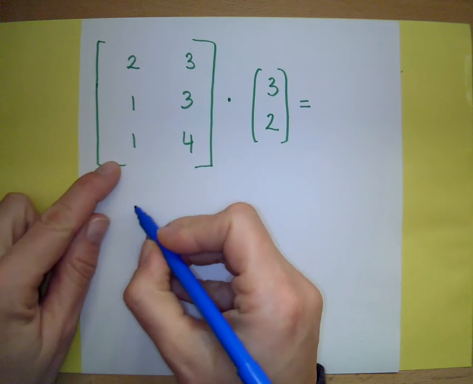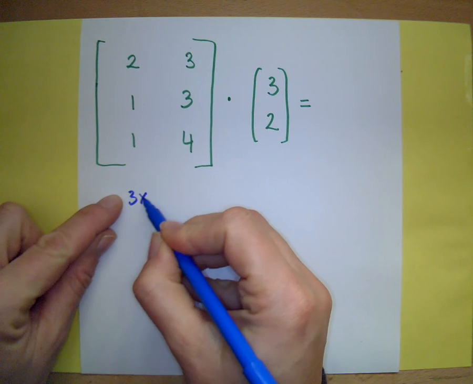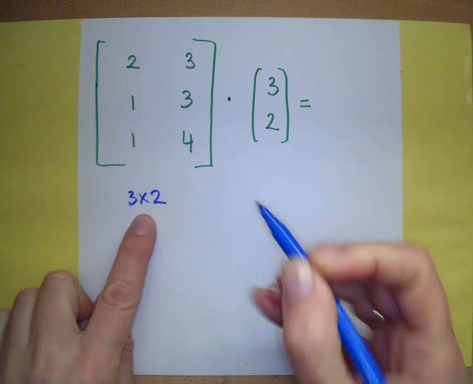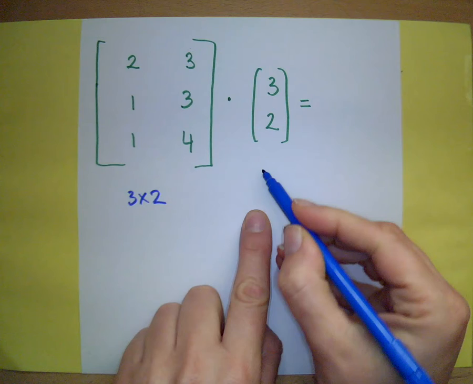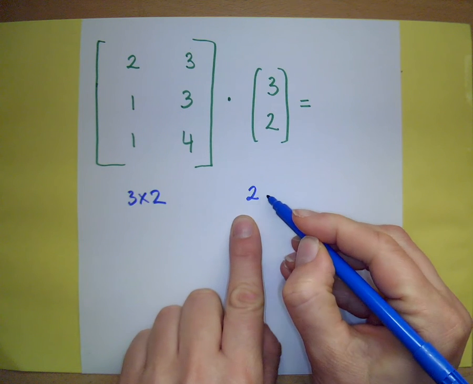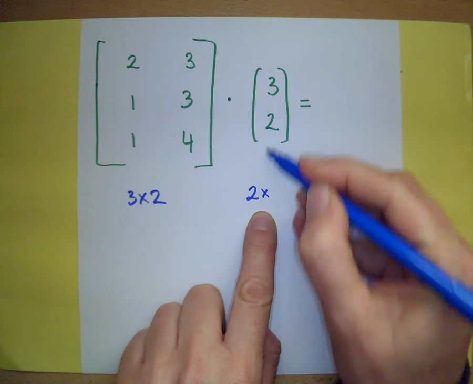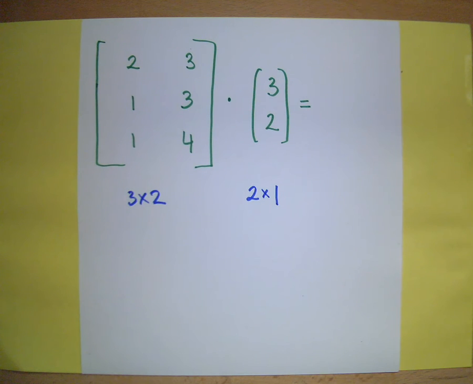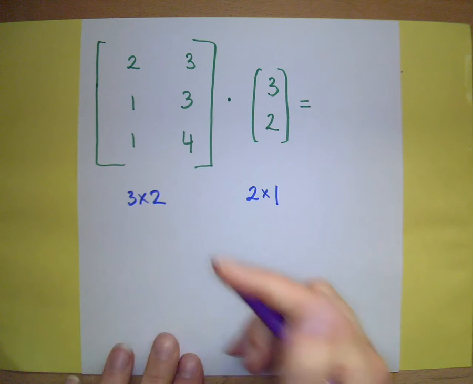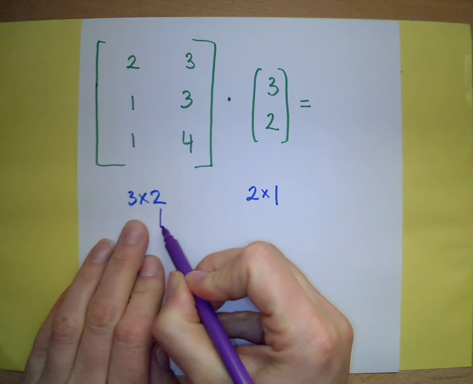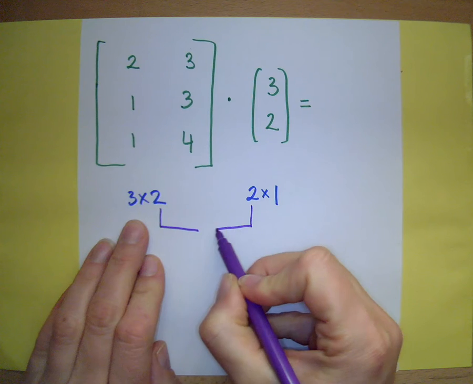So this is a 3-row by 2-column matrix, and this is a 2-row by 1-column matrix. Now the important thing, when we want to multiply matrices, these inside numbers have to be the same.